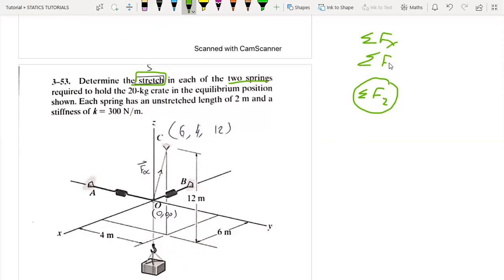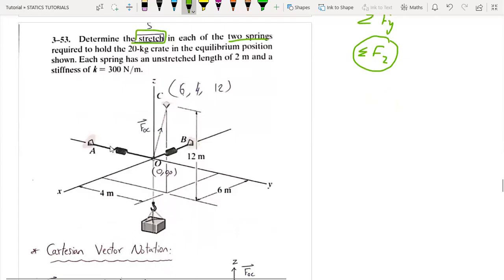After that we are going to find the value of the force FOA, the spring force, and the spring force of the cable OB. And after that we are going to use F equals KS. The K are given, and simply we can find from this equation the value of the stretches.